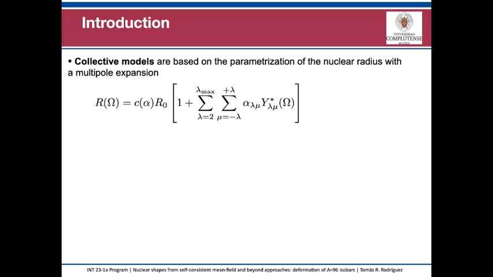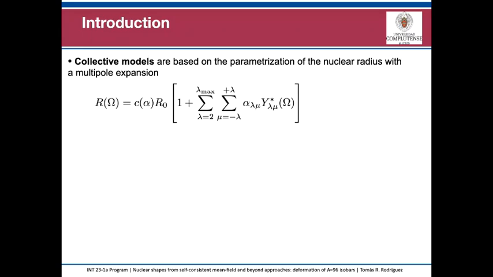Then classically or semi-classically, we normally invoke collective models to describe this kind of collective structure. This is probably the most simple way to describe collective models. Here we parameterize the nuclear radius in spherical harmonics, and then we expand this radius in different multipoles, and depending on the shape, we will have quadrupole shapes, octupole shapes, and so forth.